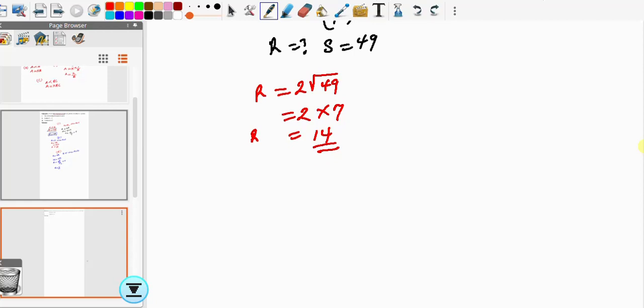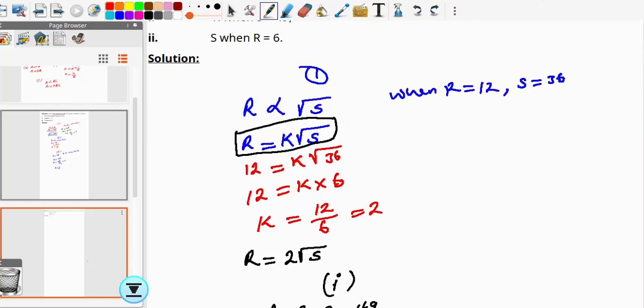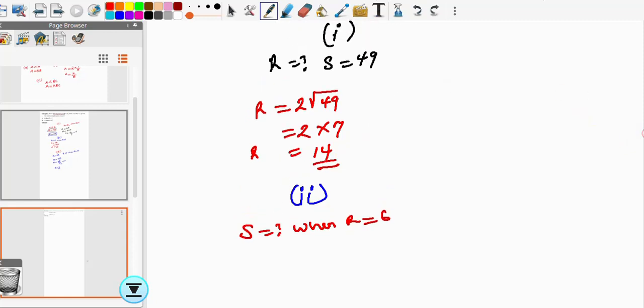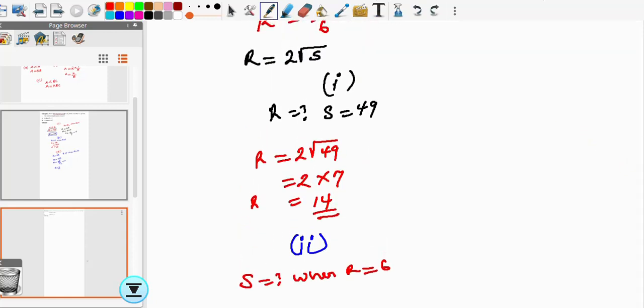And the second one, x when r equals 6. Let's substitute the data given in the equation. This is our equation that we'll be using now, right?